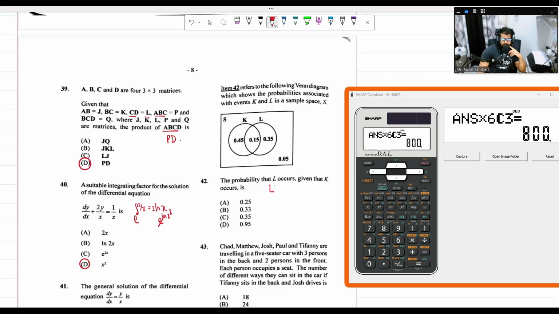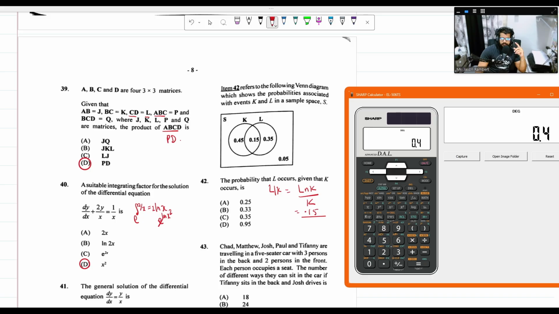So L occurs given that K is L intersect K divided by K, which is equal to 0.15 divided by K, which is 0.45 plus 0.15, is 0.6. 0.15 divided by 0.6 is 0.25. So the answer for this is E.